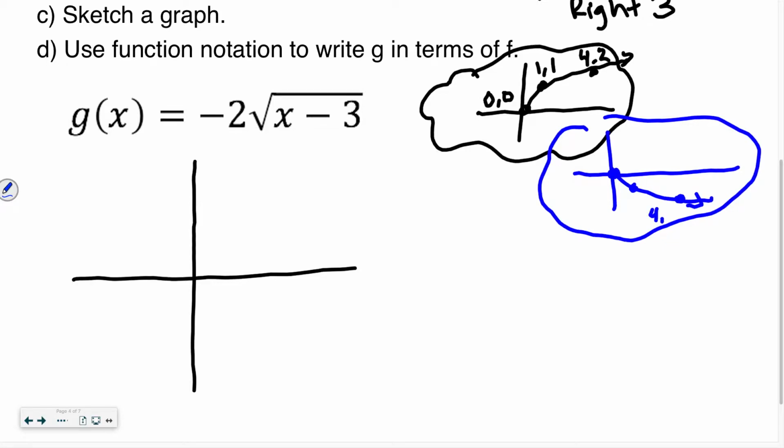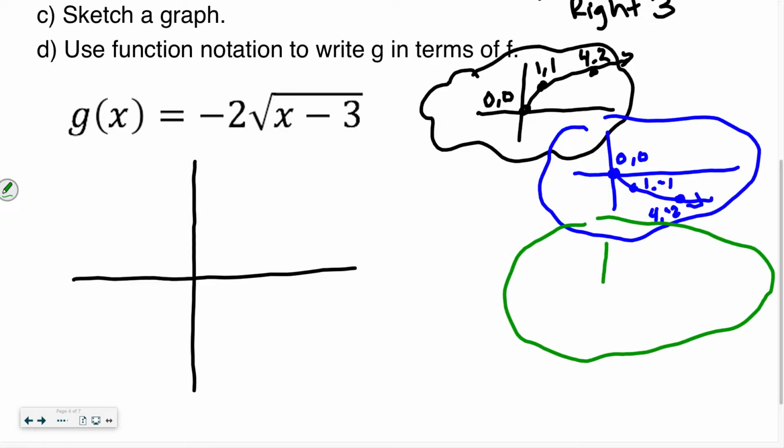Okay, so here's (4, -2), here's (1, -1), here's (0, 0). I got the reflection down. Then I'm thinking about moving it right 3. In my head, I can take that and move it right 3: 1, 2, 3.